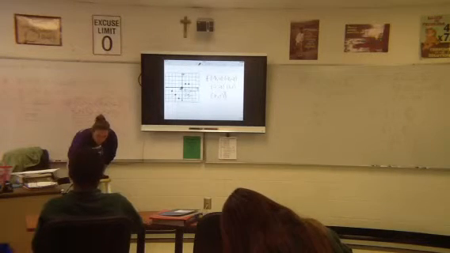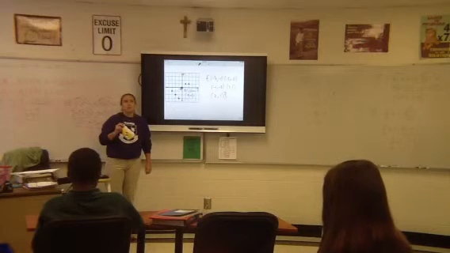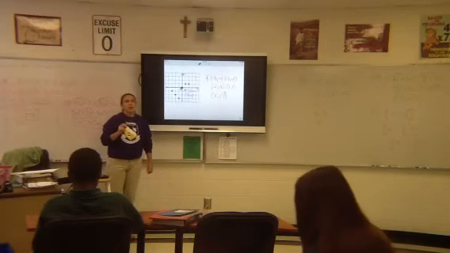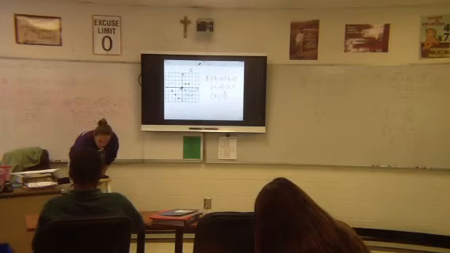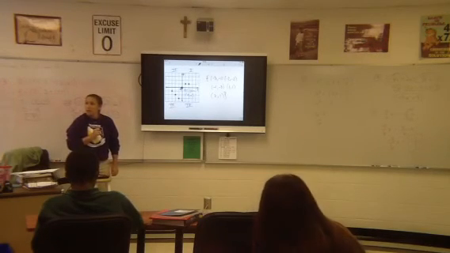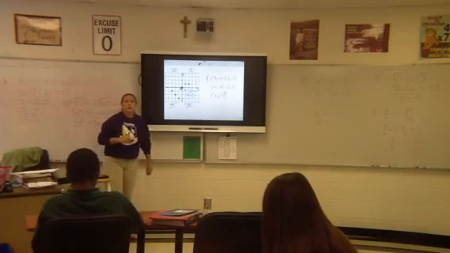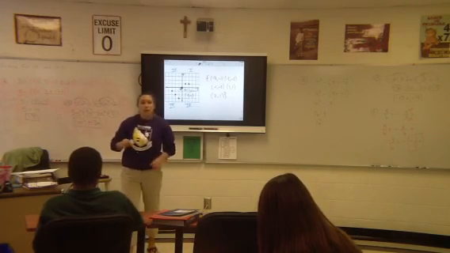Does anybody remember the quadrants from this summer? Monica? It'd go 1, 2, 3, 4. Good job. Does anybody have any questions for me? No? Okay. Let's go ahead then.